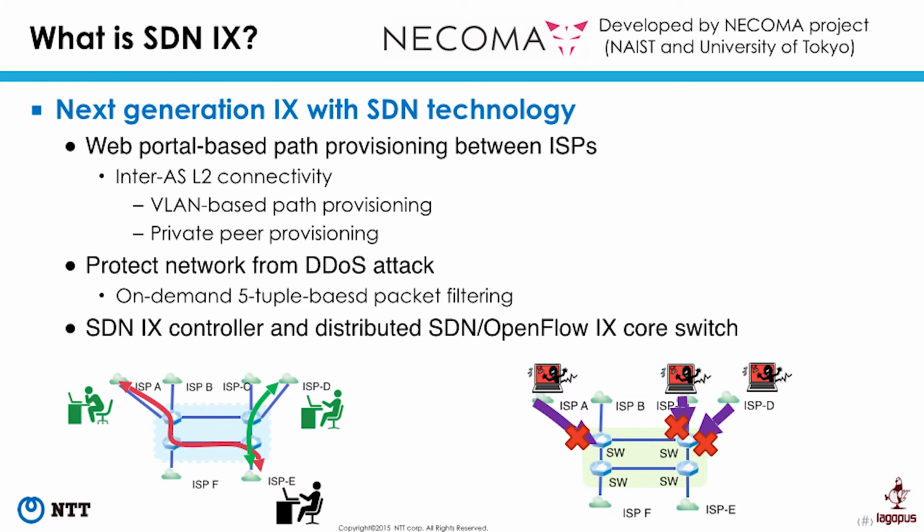So the SDN-IX basically provides inter-AS layer 2 connectivity between the border routers. And also we provide a kind of network protection mechanism from DDoS.